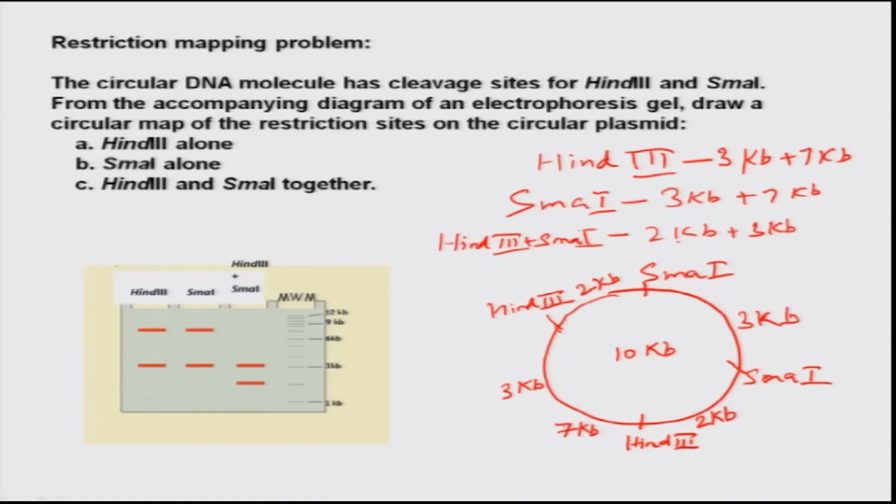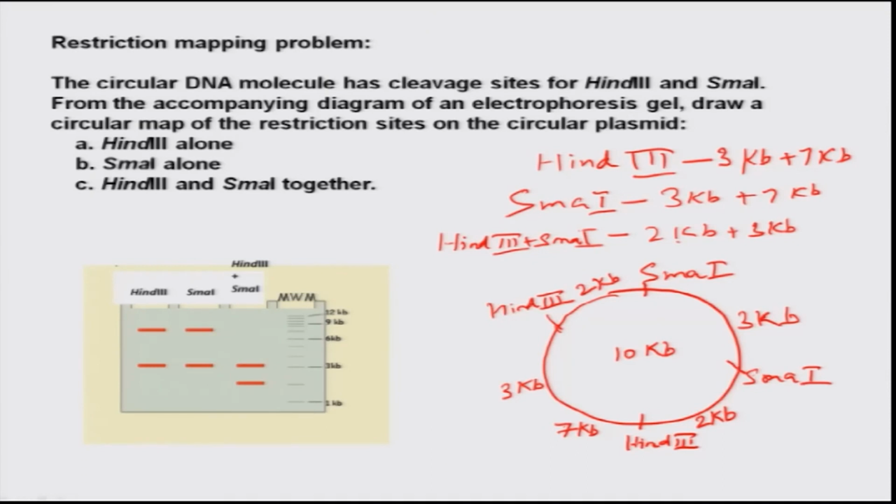Again Hin3 gives a 3 kb and 7 kb fragment. So this is a 3 kb fragment for Hin3 and this is a 7 kb fragment, 2 plus 3 plus 2 fragment for Hin3, and again in the double digest we are getting Hin3 SMA1 2 kb and Hin3 SMA1 3 kb fragments.